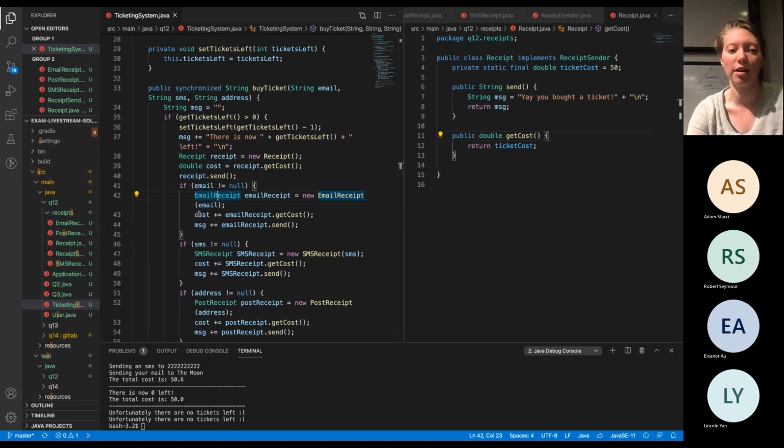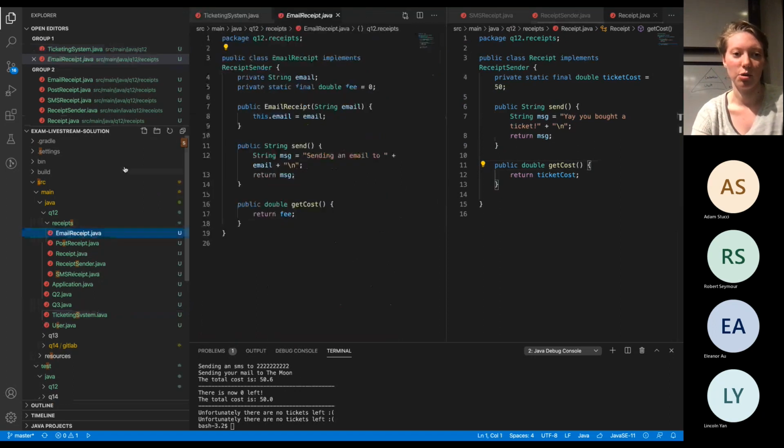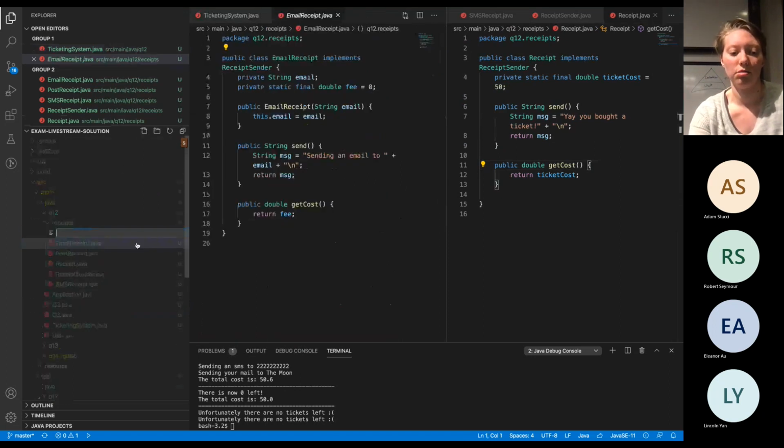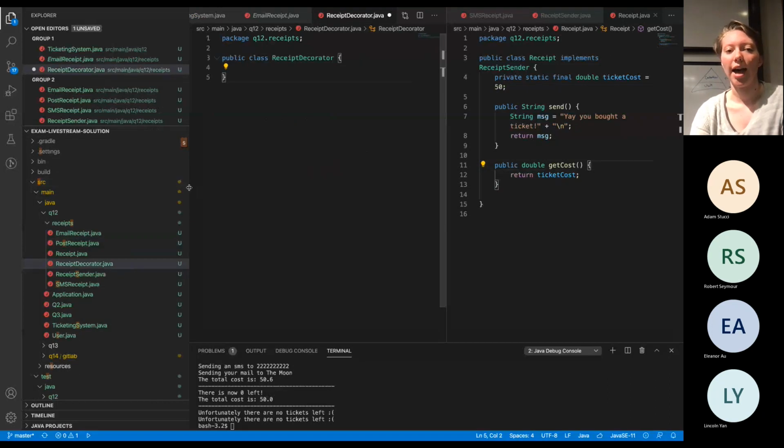And so if you haven't realized that this is the decorator pattern, you can call it whatever you like, but we can create our receipt decorator.java.